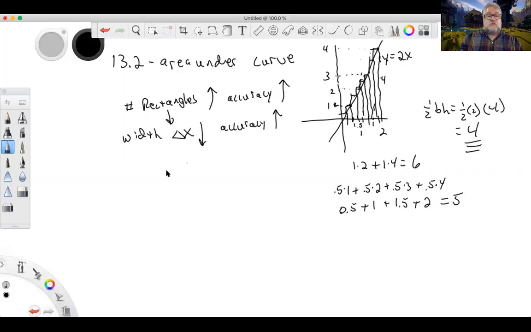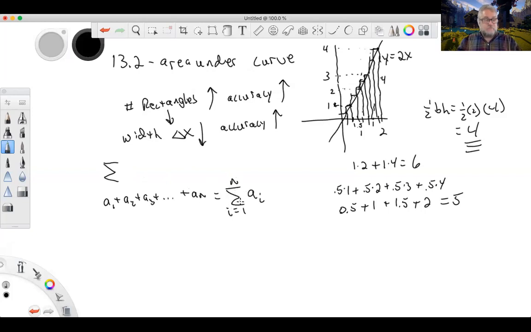So what we want to do is, instead of adding up all these rectangles, and one way to represent add is the sigma notation. So if you have A1 plus A2 plus A3 plus all the way A to the n, you could write this as sigma A to the I, where I goes from 1 to n. So this just means add.